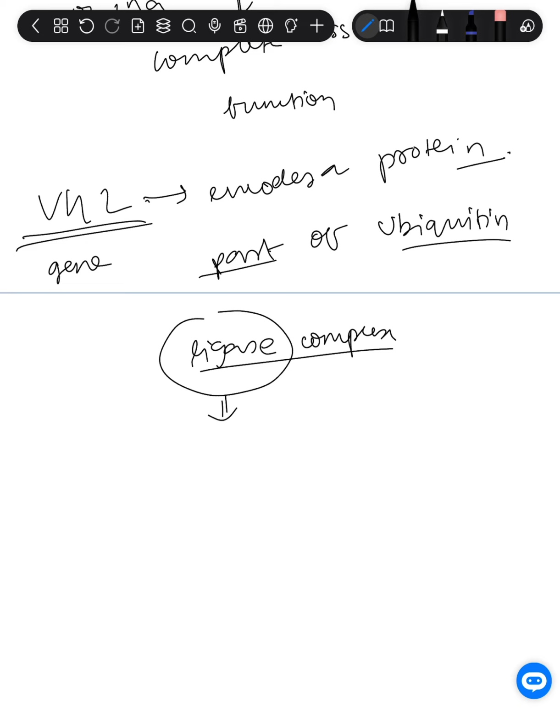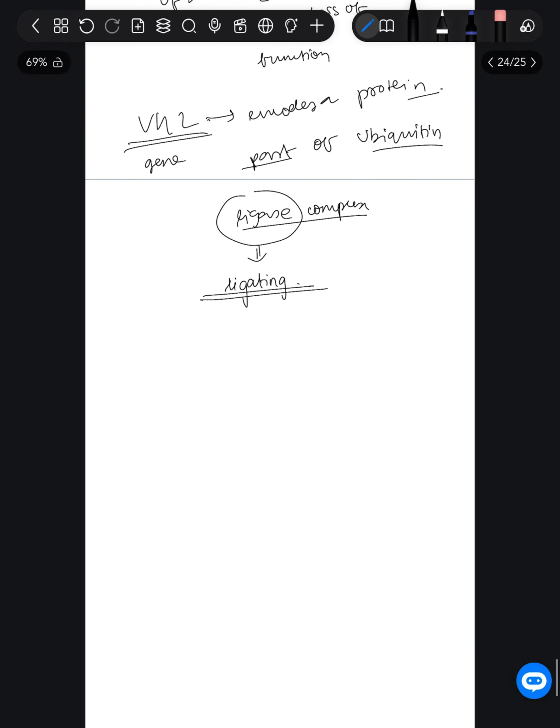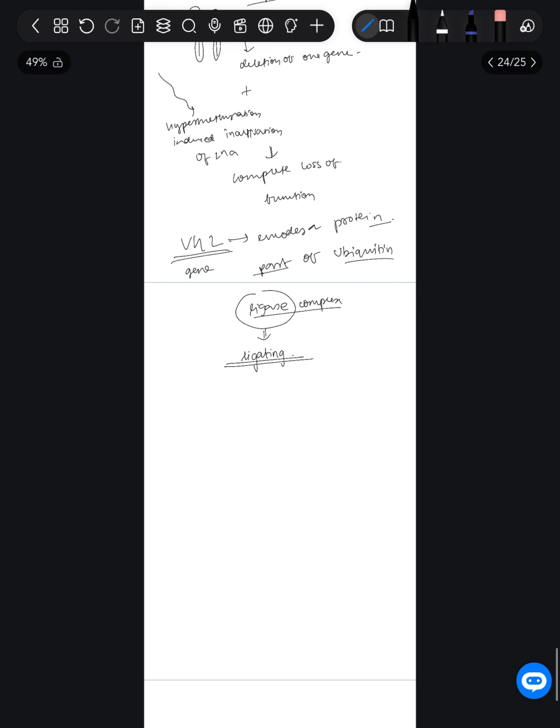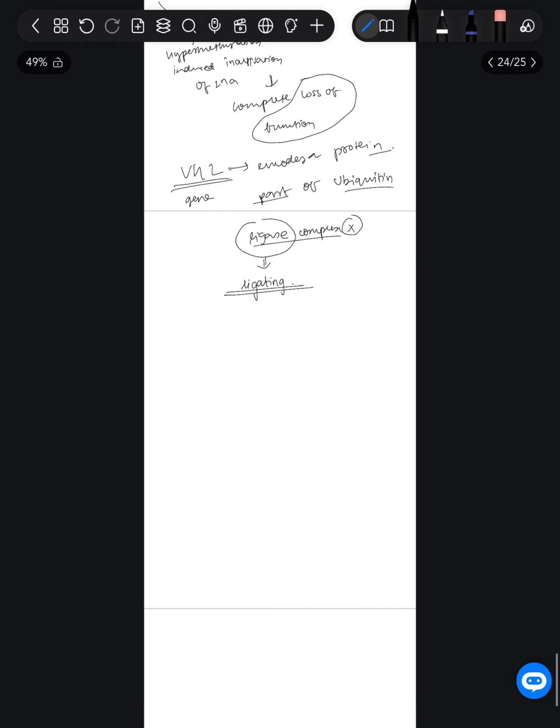It can be proteins, it can be factors. Its basic work is ligating. Then, if there is a complete loss of function of the VHL gene, there will be no formation of ubiquitin ligase complexes.